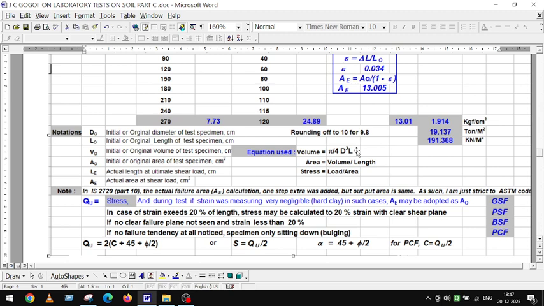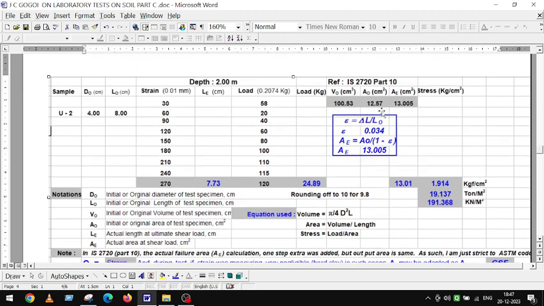The diameter or length may increase or decrease, but volume remains constant. Our original area, A0, is 12.57.